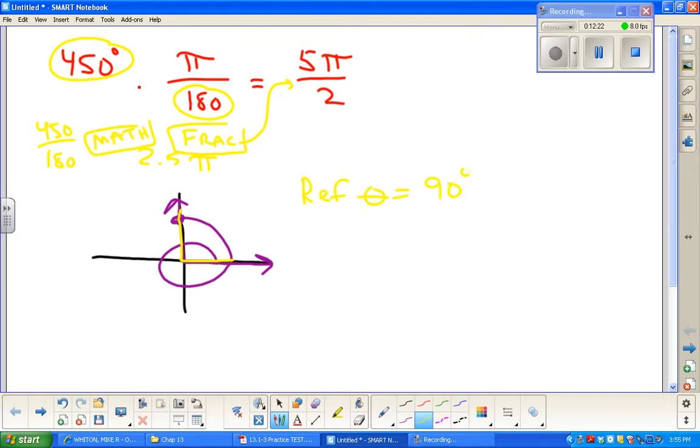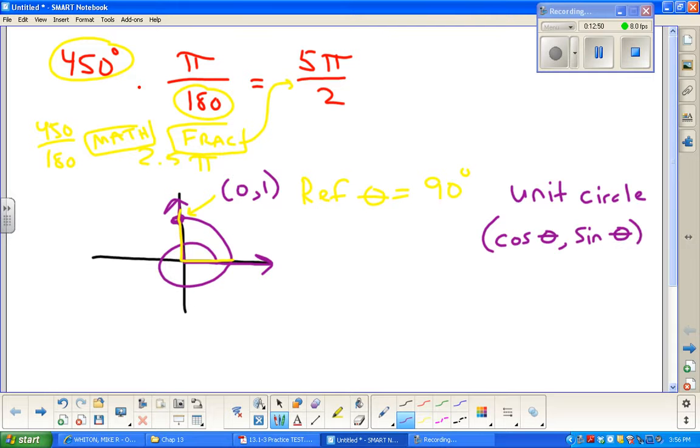Now we need the sine, the cosine, the tangent. We need all the ratios. Here's where you're going to want to go to your unit circle. The coordinates of the 90-degree point on your unit circle are just 0, 1. On a unit circle, the x value is always the cosine of the angle, and the y value is always the sine of the angle. So you know two right off the bat.